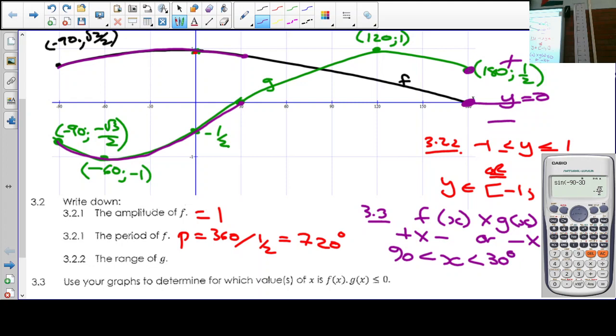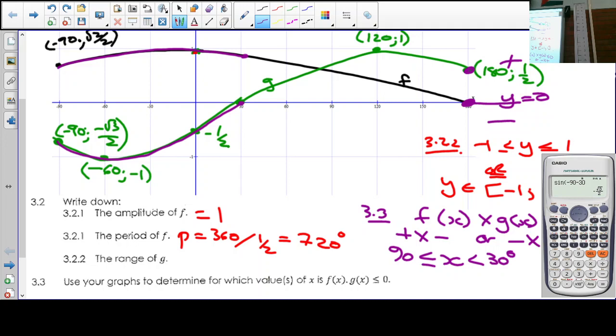Okay. However, there's an equal sign here on the inequality. So would there be an equal sign at negative 90? Yes. Why? Because at negative 90, the product is 0. You see that, people? So we'll have an equal sign.